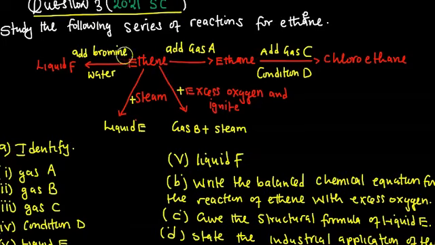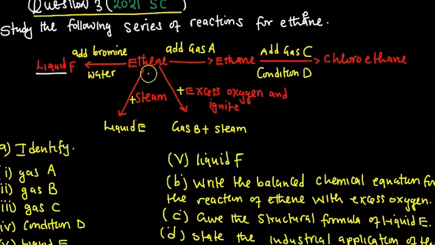So now you can see ethene, add bromine solution or bromine water. Then liquid F is formed. Then when you add gas A to this ethene, it forms ethane. And when you add gas C to this ethane, it forms chloroethane with a condition D. Then this same ethene forms gas B plus steam, in excess oxygen, and ignite.